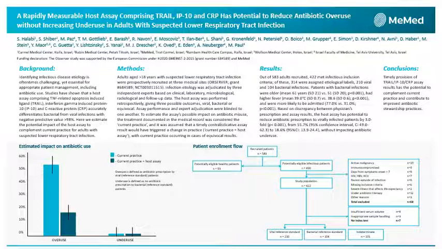So then we applied this modeling analysis that I described to you of an extrapolation, and based on the discrepancy between the physician's prescription and the assay results, the host assay has potential to reduce antibiotic prescription to virally infected patients, virally as defined by the reference standard, by threefold.